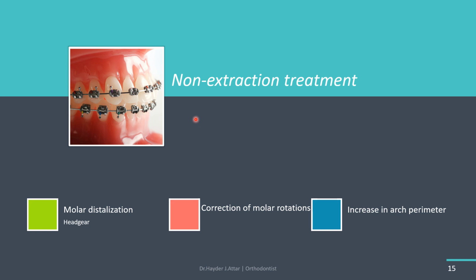The correction with the non-extraction treatment, either with headgear and molar distalization and molar rotation, and increase in arch perimeter, is done with the use of class 2 elastics.